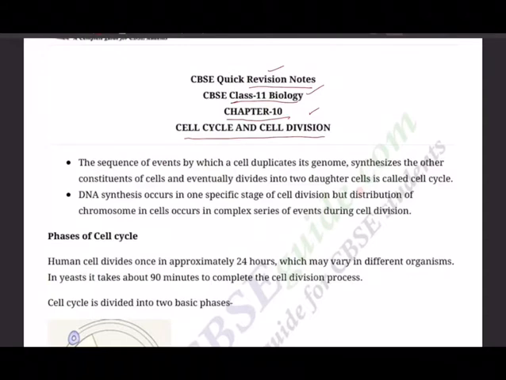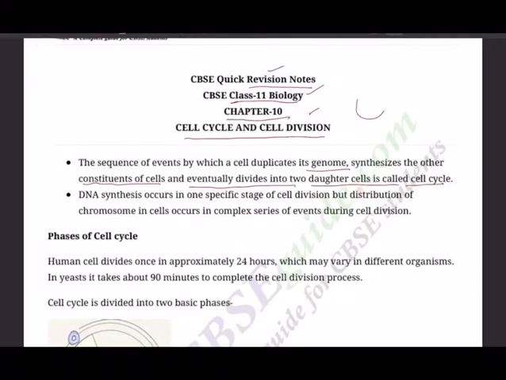The sequence of events by which a cell duplicates its genome, all the genes that are present, synthesizes the other constituents of the cells. In our previous chapter we talked about all the organelles that are present in the cell, constituents of the cells, right from cell wall, cell membrane, cytoplasm, mitochondria, Golgi body, ribosomes, all that, and eventually divides into two daughter cells, is called the cell cycle.